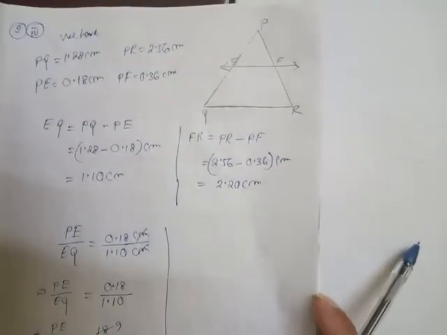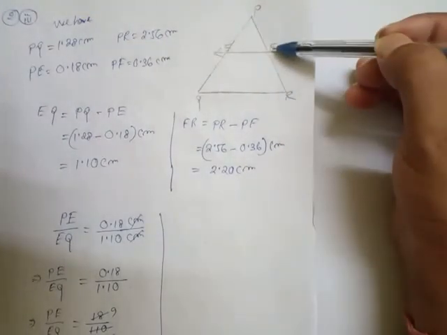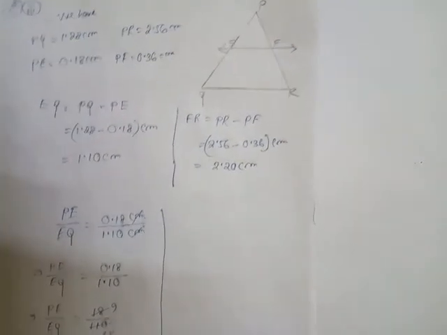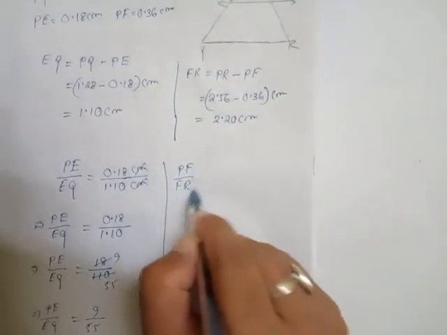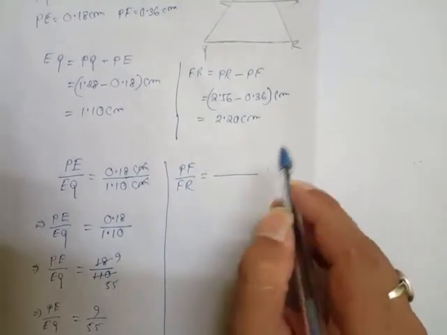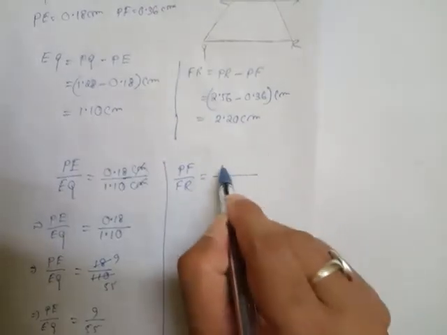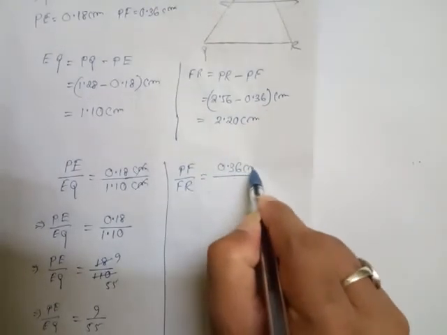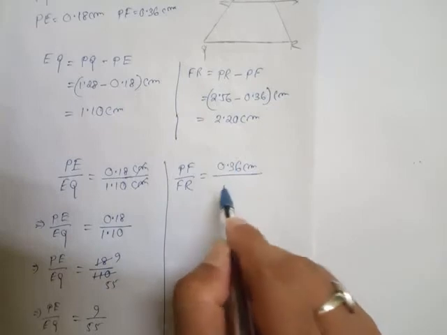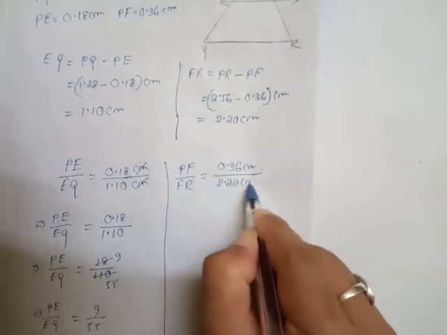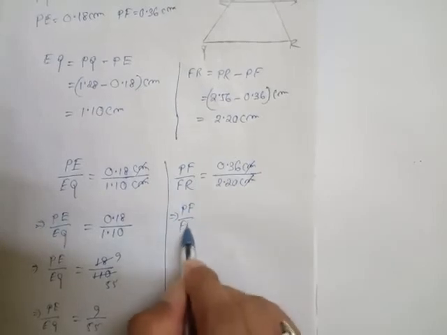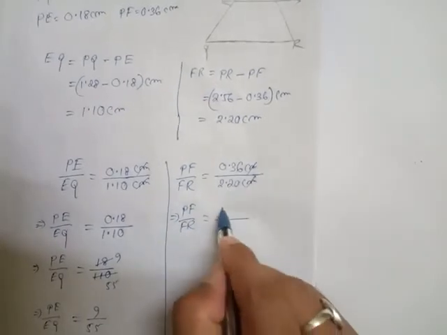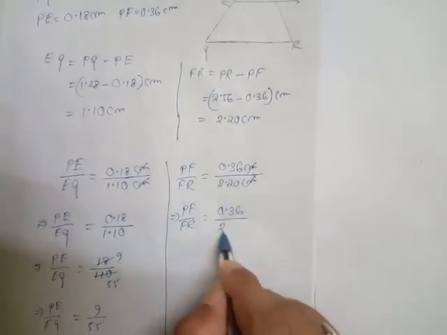Look here in the diagram that PF by FR. Now we'll follow that one only. PF by FR. We will put the value here. Value of PF is 0.36 centimeter and value of FR is 2.20 centimeter. cm cancel. Now PF by FR equal to 0.36 by 2.20.